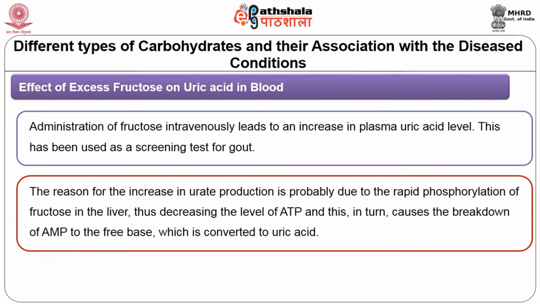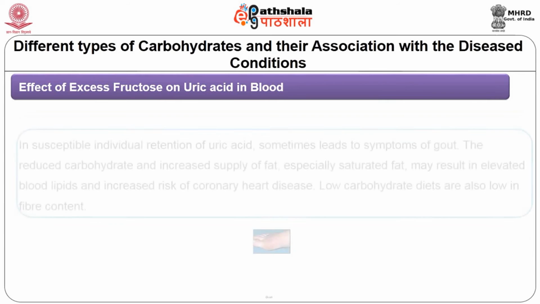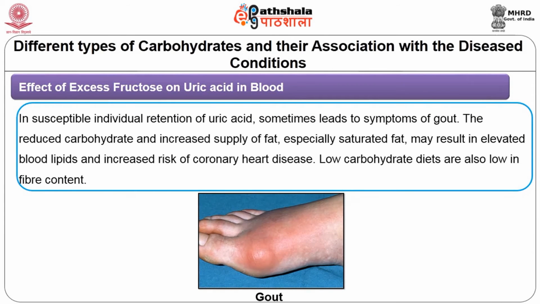The reason for the increase in urate production is probably due to the rapid phosphorylation of fructose in the liver, thus decreasing the level of ATP, and this in turn causes the breakdown of AMP to the free base, which is converted to uric acid. In susceptible individuals, retention of uric acid sometimes leads to symptoms of gout.